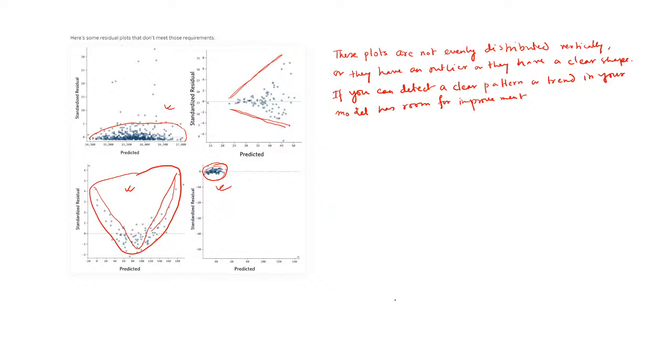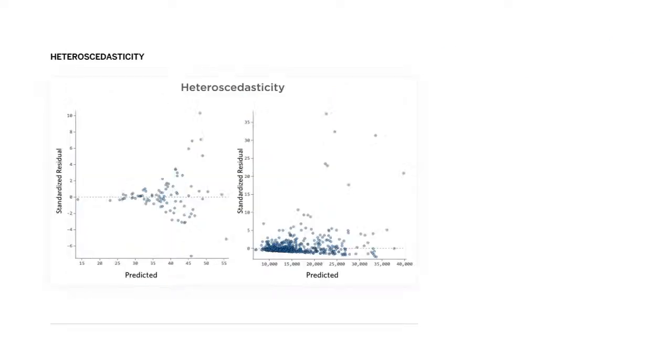Okay. So if the pattern looks like this or this, then the assumption of homoscedasticity is violated.